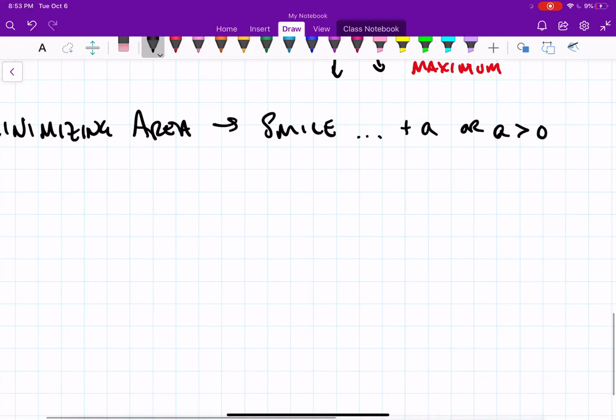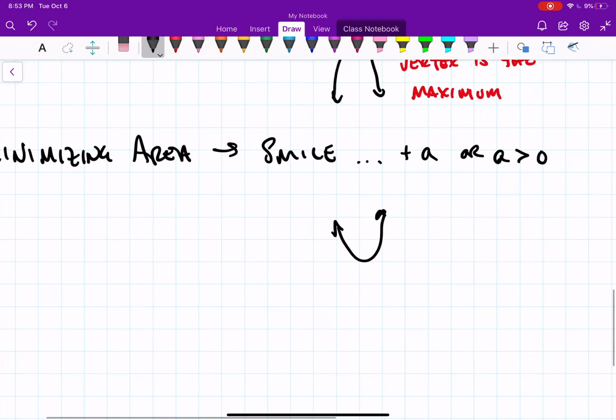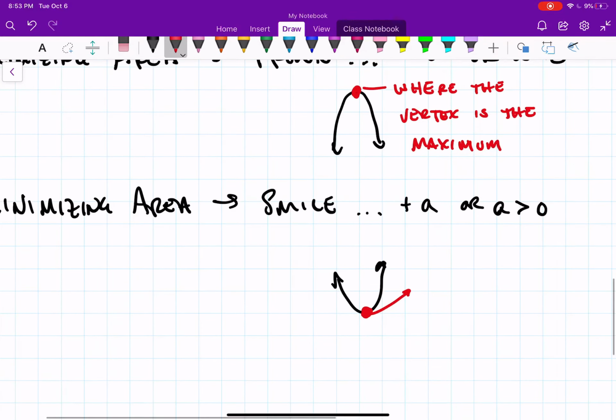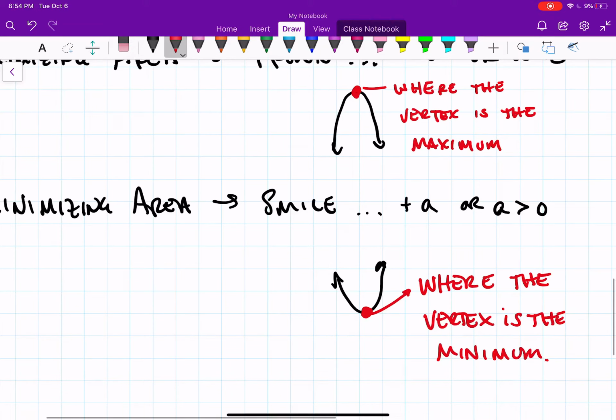So with a smile, I have the vertex here, which is the very bottom, the valley or the dip. So this is where the vertex is the minimum. Okay?